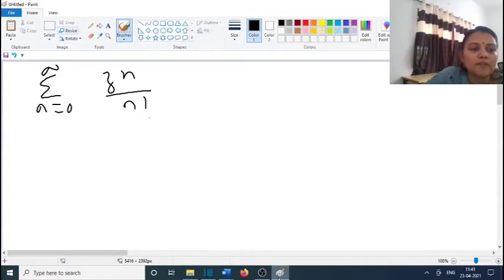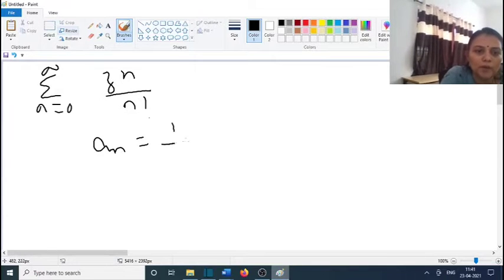The first problem is to find the radius of convergence of sigma n equal to 0 to infinity z^n by n factorial. So here a_n is equal to 1 by n factorial. We can use the second formula. So a_(n+1) is 1 by (n+1) factorial.